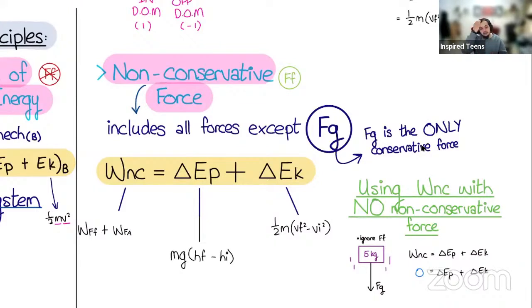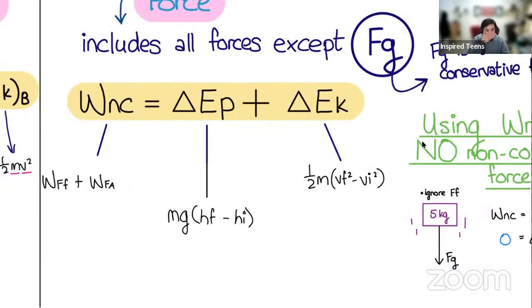So Fg is conservative because it is not dependent on the path that it takes. Fg is gravity, right? The Earth's gravity or any planet's gravity is going to pull an object down irrespective of what type of surface it's on. So then we have this formula, WNC is equal to delta EP plus delta EK.